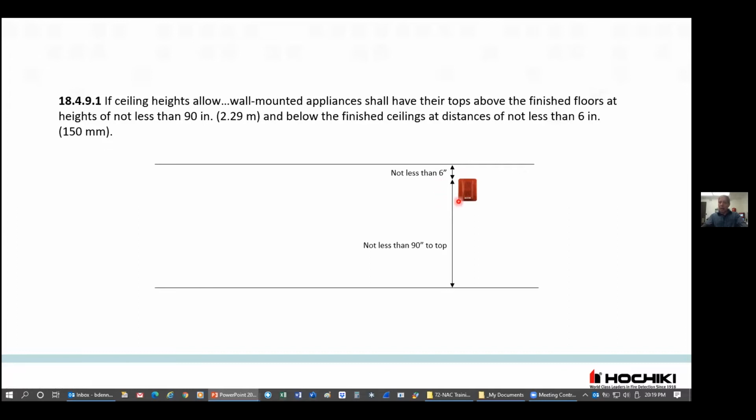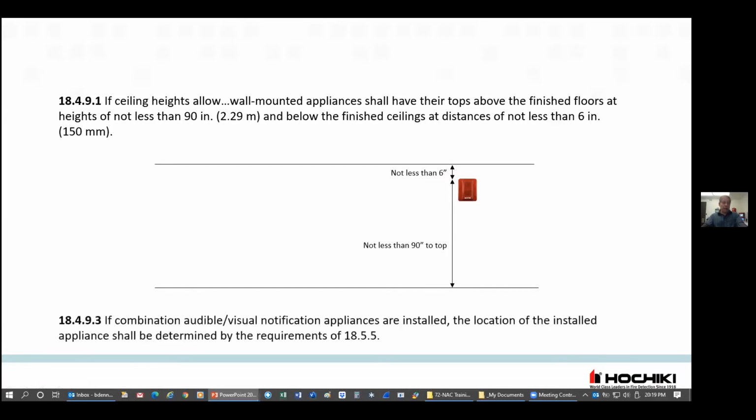So we're going to have this range here, somewhere more than 90 inches from the floor, but more than 6 inches down from the ceiling. That's where we will want the top of the appliance to be located.